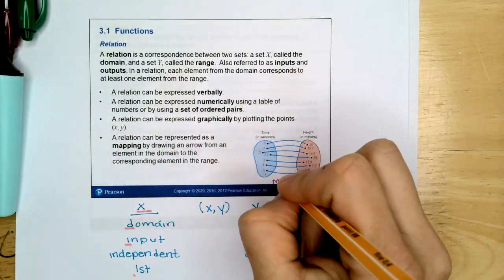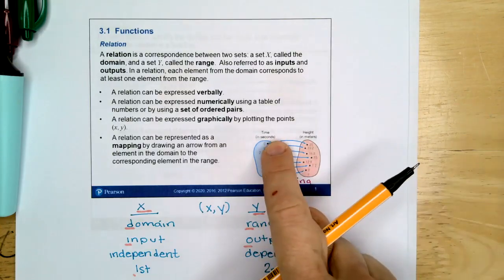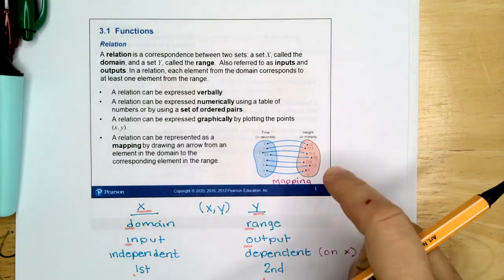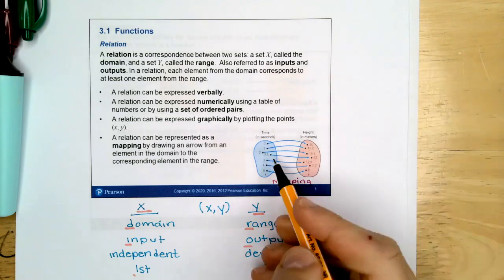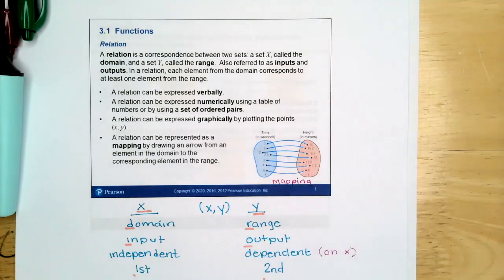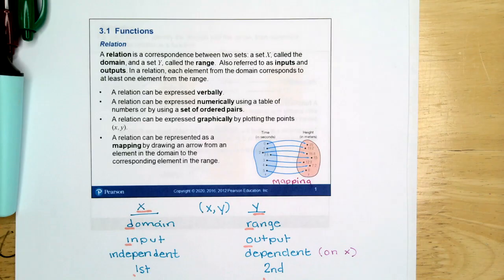Okay, so if we had, for example, this is a mapping, okay? This would be a mapping. My x values are my time, my y values are my height. So I see that 0, 20, 1, 19.2, you can see what they are mapped to, okay? If I wanted to change the mapping into a, what? Verbally just means I'm saying it, I'm telling a story.